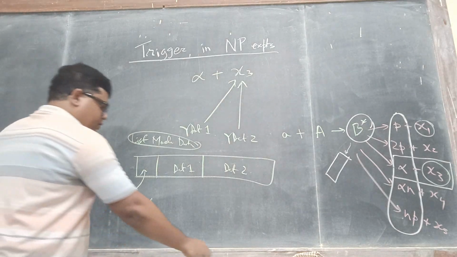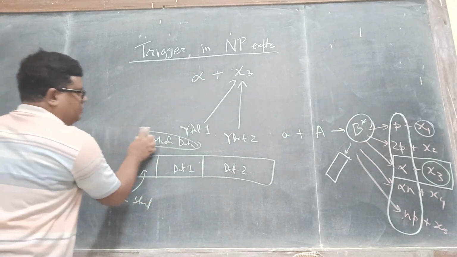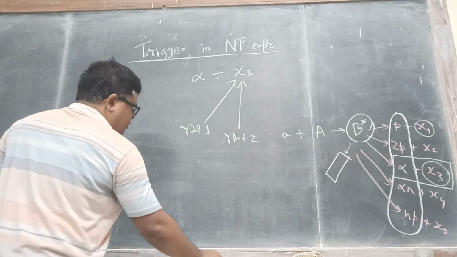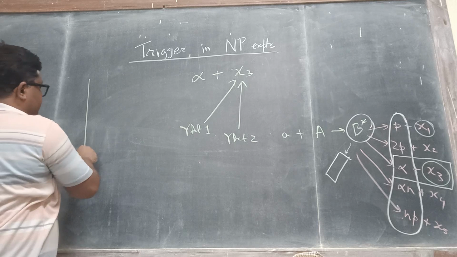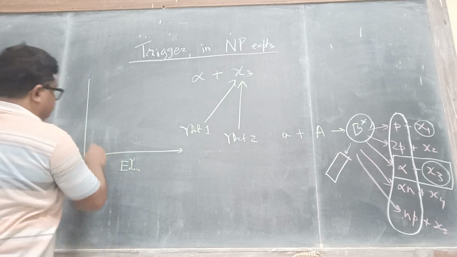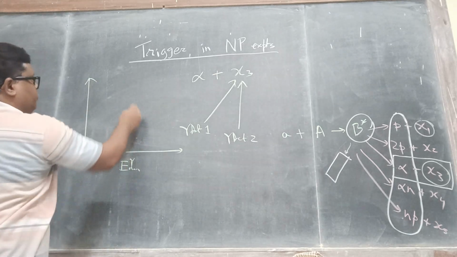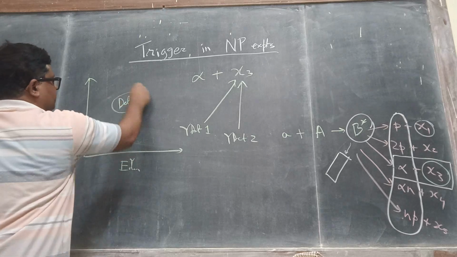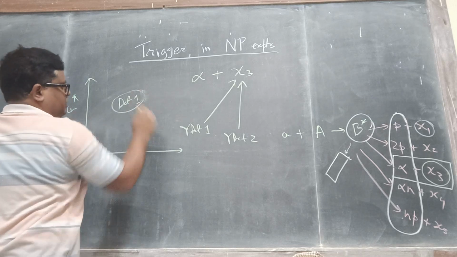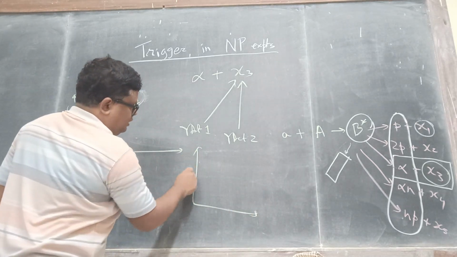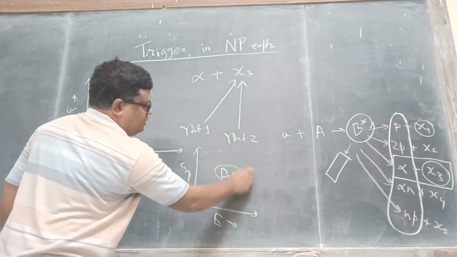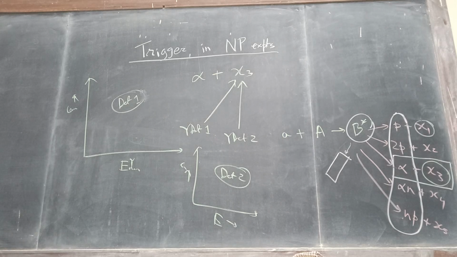Later on, when you do the software analysis, you can generate the spectrum. The spectrum will be like this: this is gamma energy, and this is counts, for detector 1. Again, the same thing you will get for detector 2 as well.